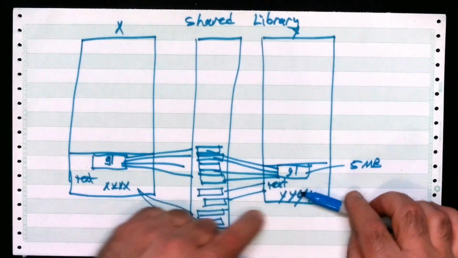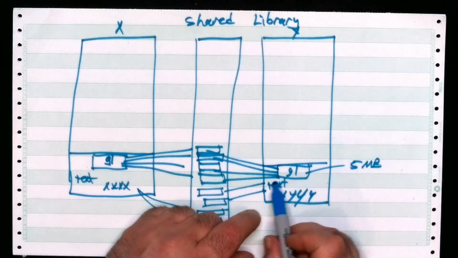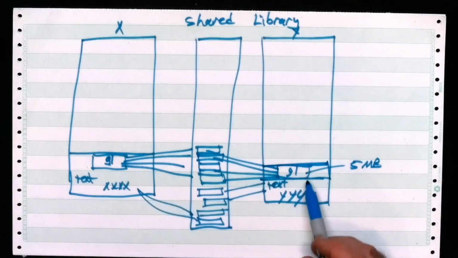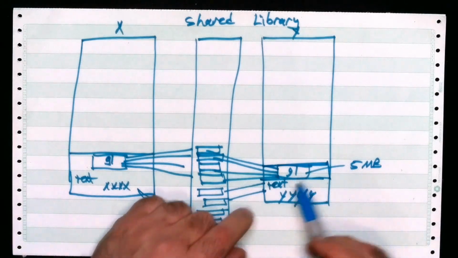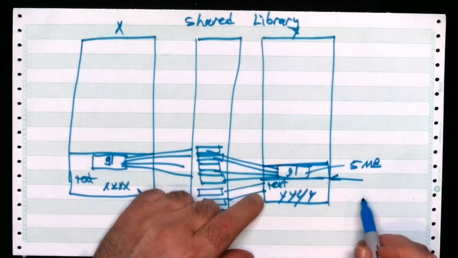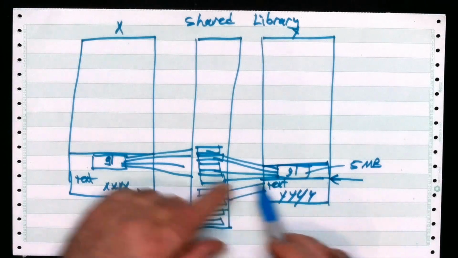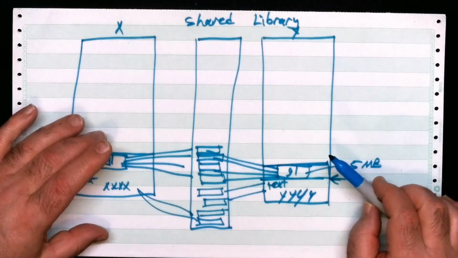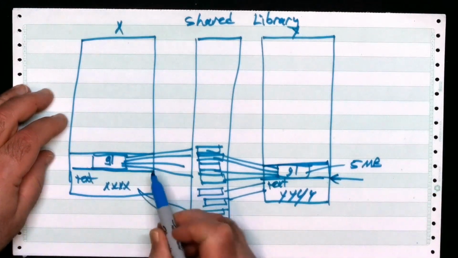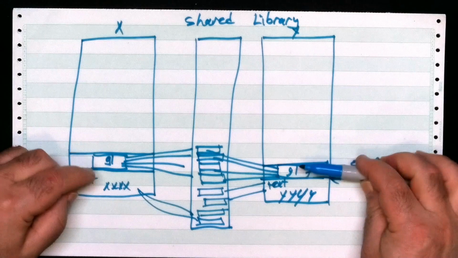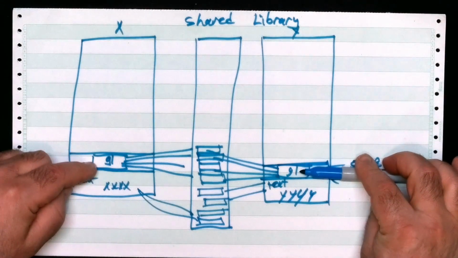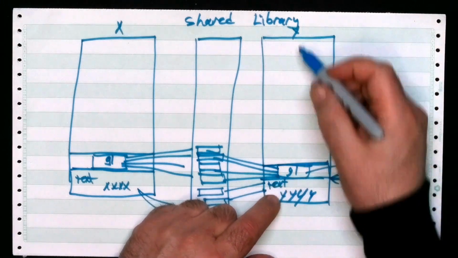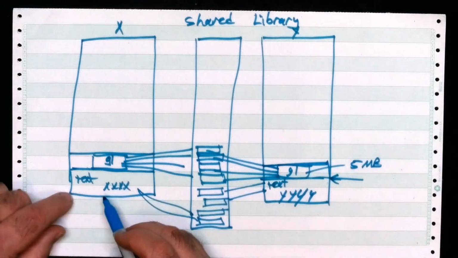So this text region here has to be built such that the graphics library fills an exact integral number of pages and starts at an address that's a multiple of the page size. Otherwise, it just can't be done. Okay? Now, depending on the kind of shared library, you might have to have this library running in this virtual address space at a different virtual address than it runs in this program.